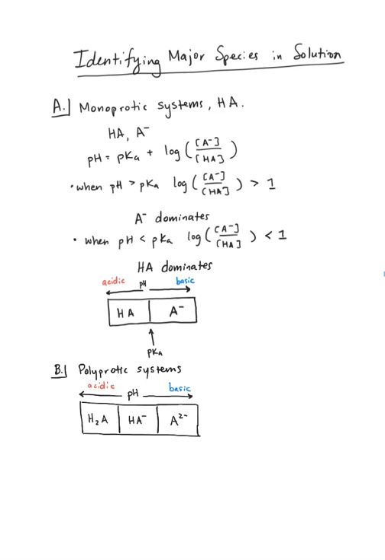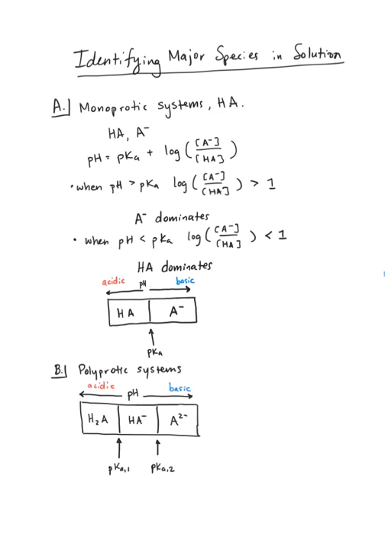Then we can separate the distinction between H2A, the fully protonated form of our acid, and the amphiprotic form, HA-, on the basis of pKa number 1, and the distinction between the amphiprotic form and the fully deprotonated form on the basis of pKa number 2.